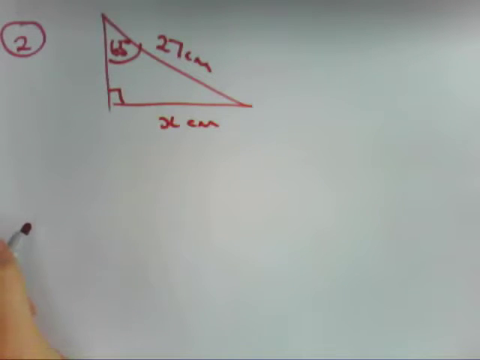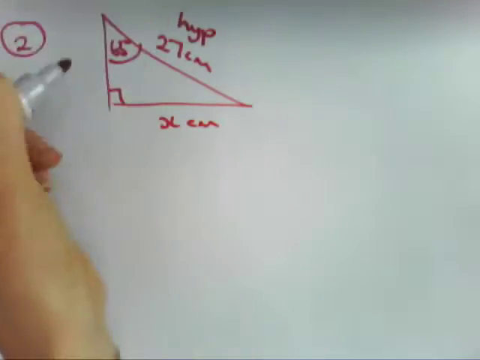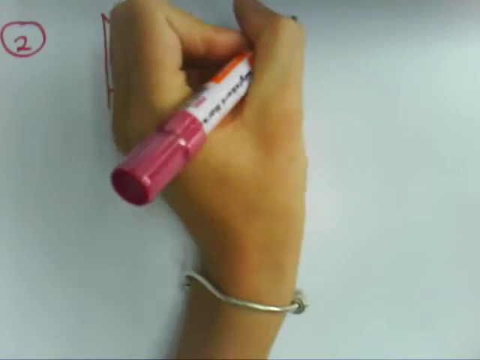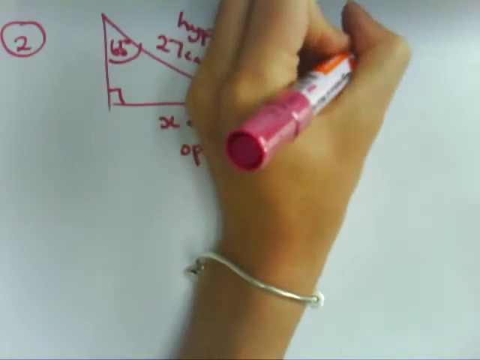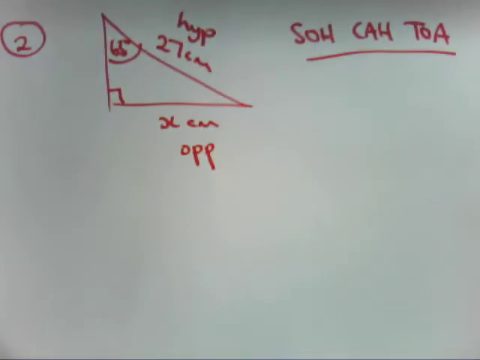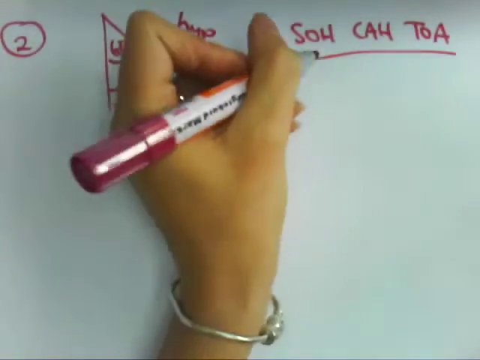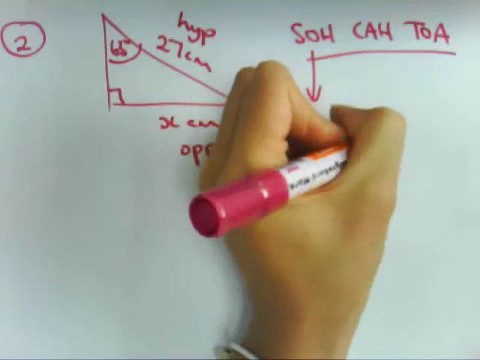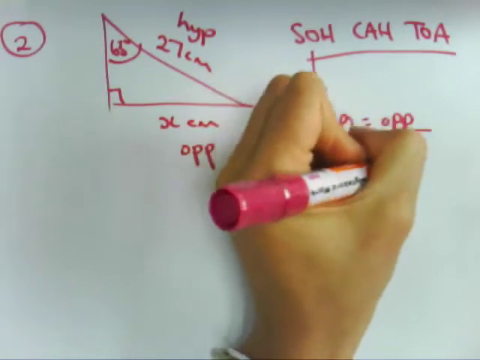Let's label the sides. This is again the hypotenuse, and this time this is the opposite side. So looking at SOH CAH TOA, which one has opposite and hypotenuse in it? It's got to be this one. So sine theta is opposite over hypotenuse.